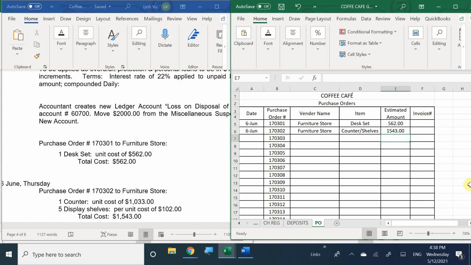So my only piece of information is that I'm buying a shelf and a counter. That's all I need to look for: did I receive a counter and did I receive shelves? But if you are going to itemize, I would recommend you go ahead and do that. That works just as fine. That way you can guarantee exactly that you got the exact number of shelves. So, good.